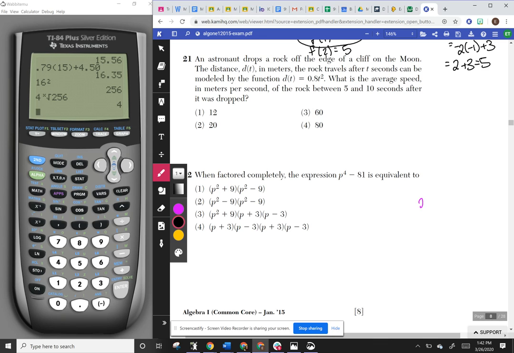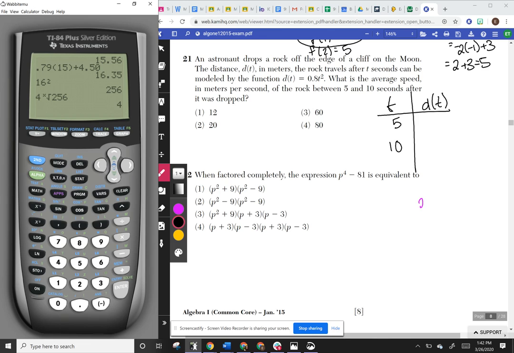So let's start. We know that we can use a table here. So if we use t and d of t, we're looking for when t is 5 and t is 10. So we need to know what the distance is. I'm going to use the graphing calculator just to make life easy. So 0.8, you don't have a t, so I'm going to use x squared, and second graph.